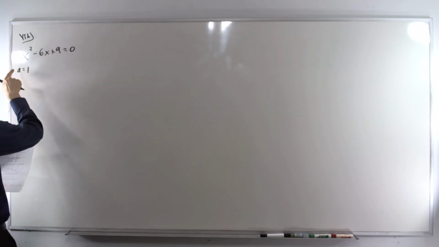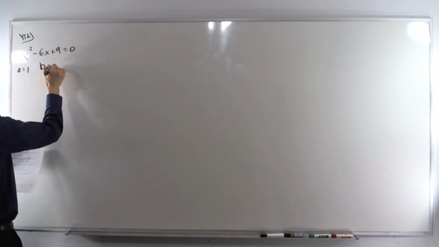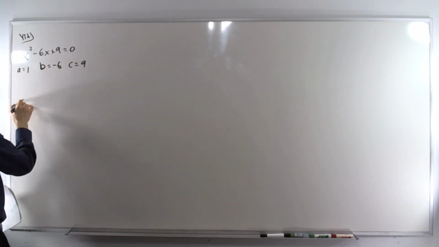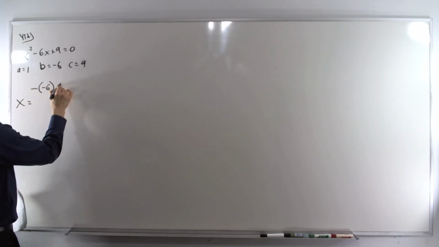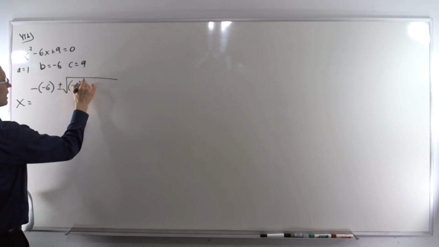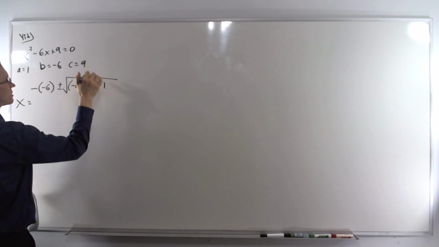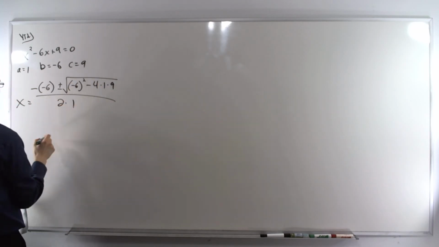We have no coefficient here, so let's assume it to be 1. B is negative 6. And C is 9. So negative B will have negative of negative 6 plus or minus square root negative 6 squared minus 4 times A, which is 1, times C, which is 9. All over 2 times 1.